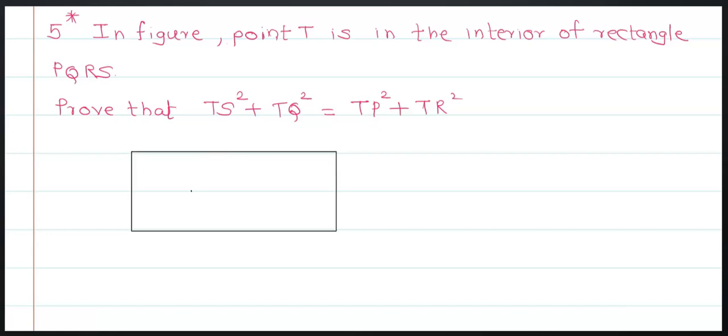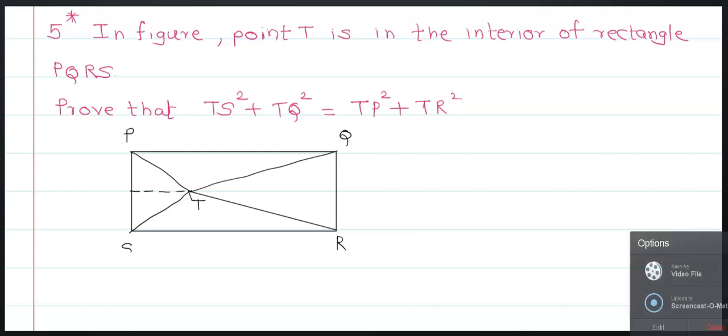TS square plus TQ square is equals to TP square plus TR square. Now see this. That is a rectangle. We join this, that is PT, QT, TR, ST.